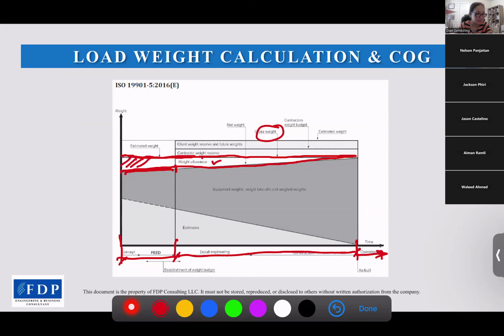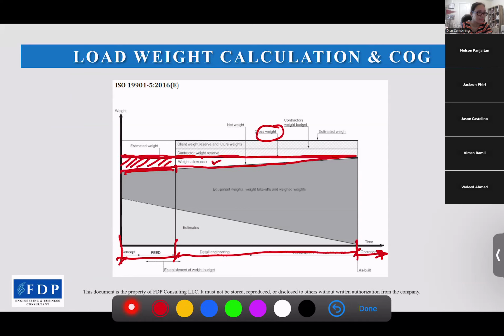It has a big gap to the gross weight. It's okay if we use the basic design drawings for the installation, for example, but we need to consider the bigger weight contingency factor to get the gross weight correctly.